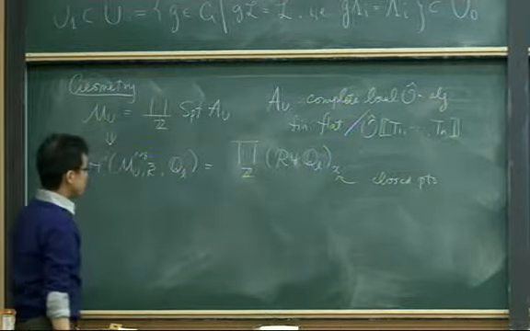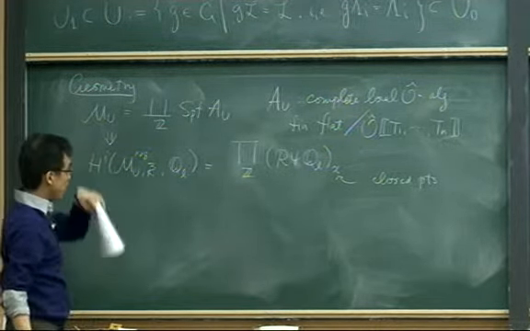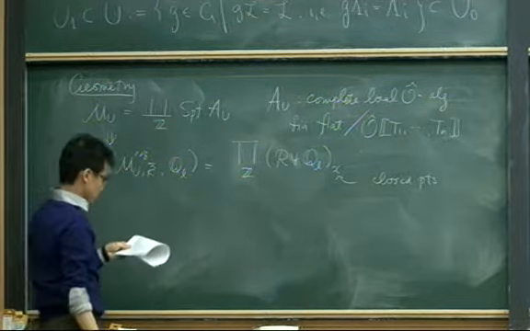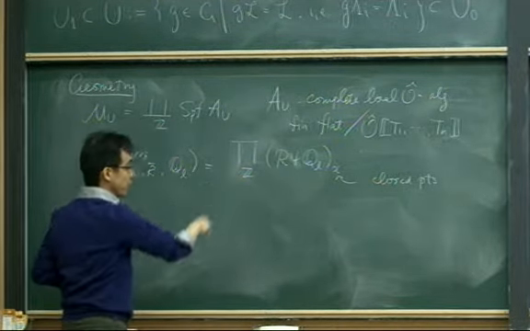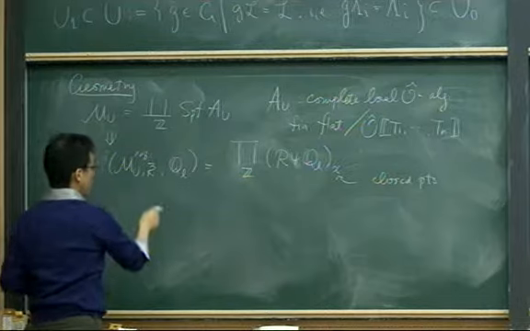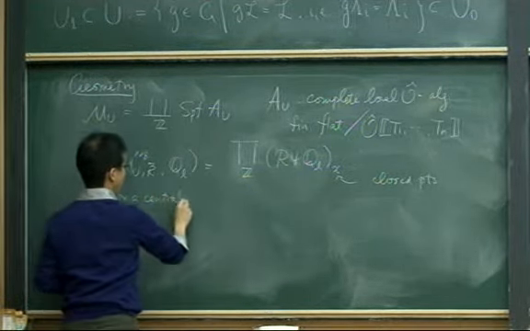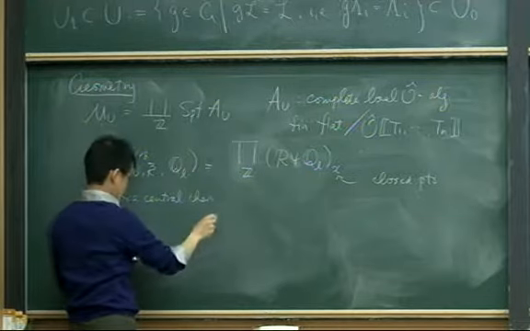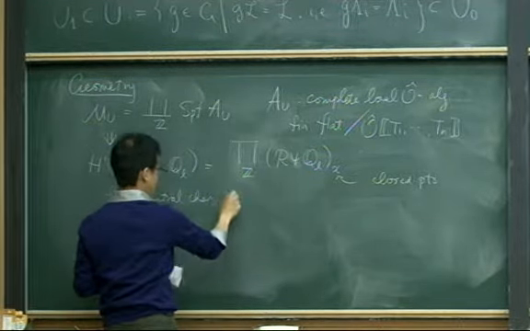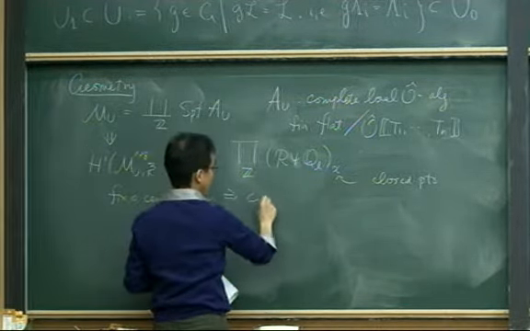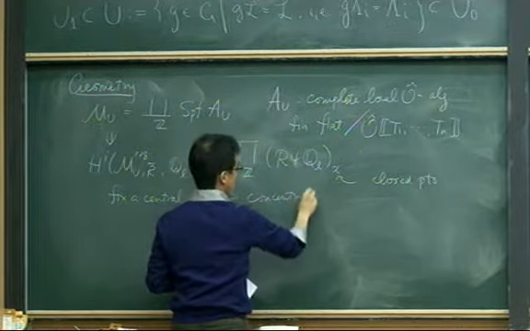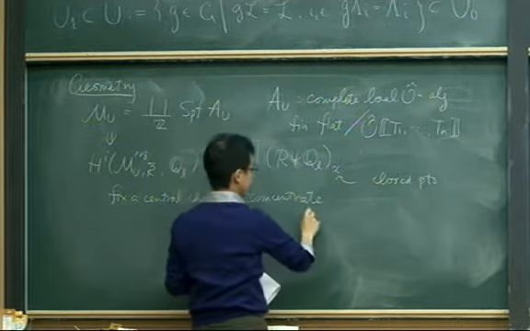These are just stalks of nearby cycle sheaves at the closed points, the unique closed point for each of the connected components. So I'll concentrate on one of the components.